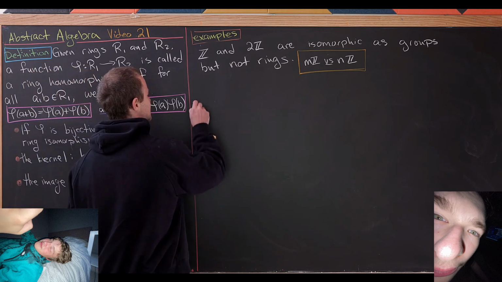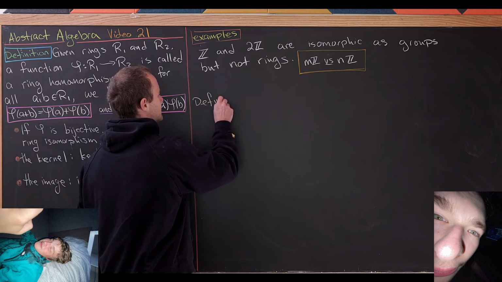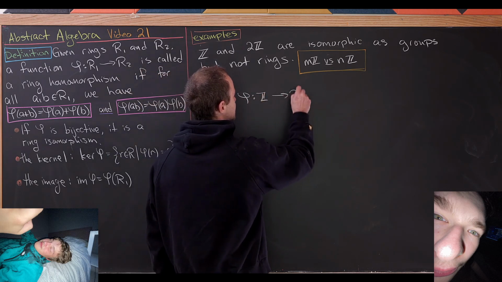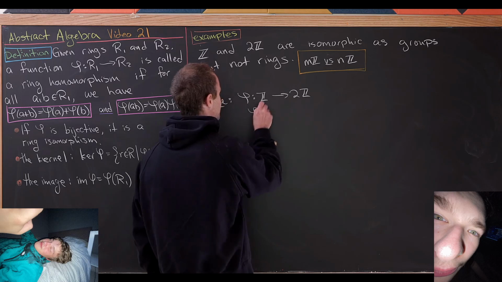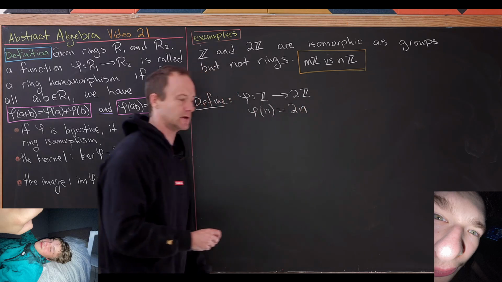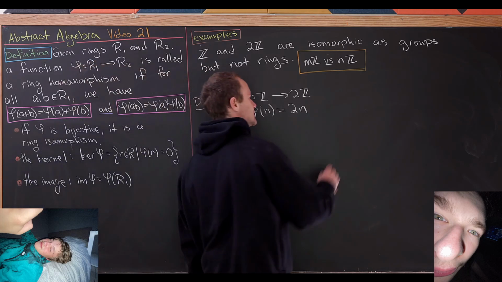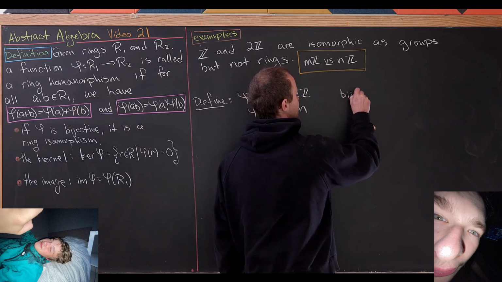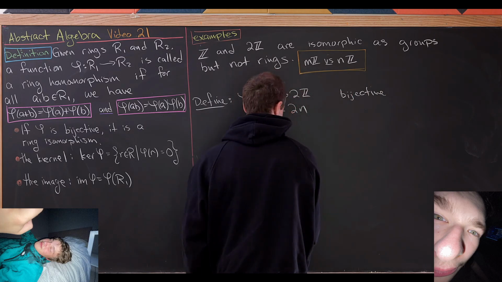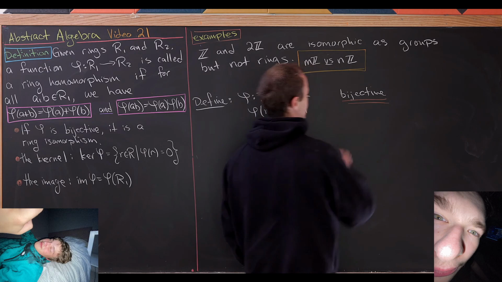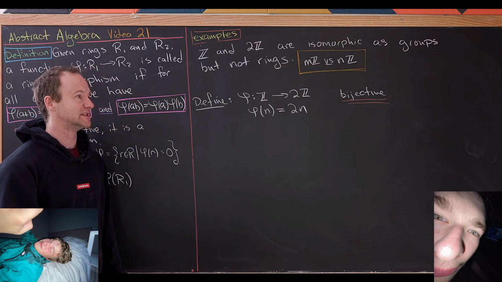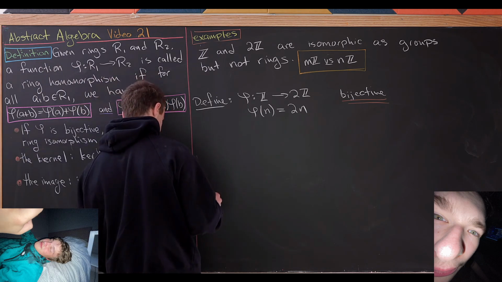Okay, so let's define the following map. Let's define phi from Z to 2Z by phi evaluated at an integer n equals 2n. And then I'll leave it to you to check that this is bijective. That's fairly straightforward. In fact, we probably already did something like that in this course. Now let's show that this is a group homomorphism.